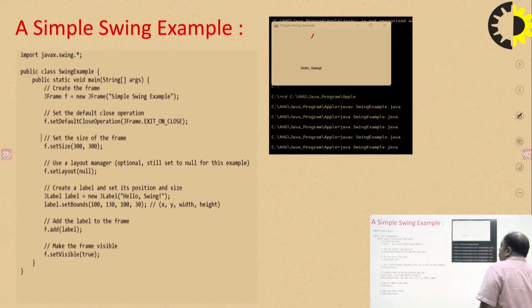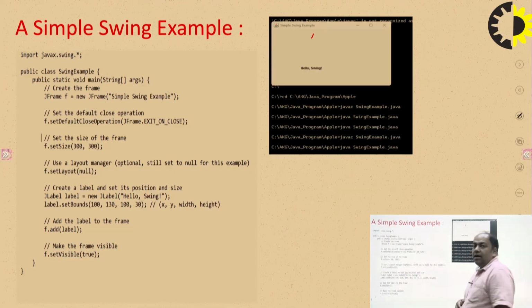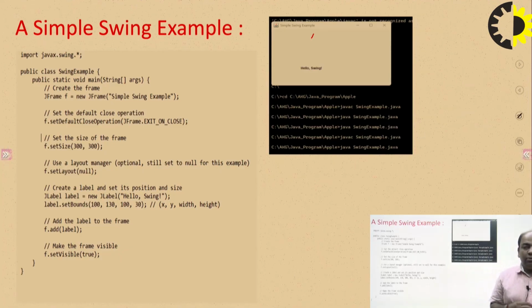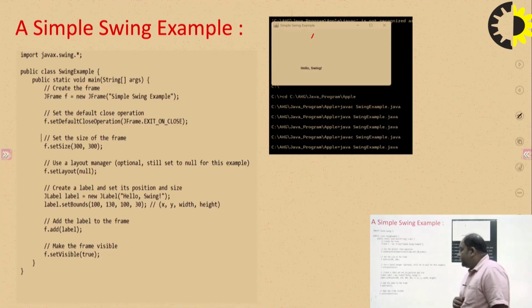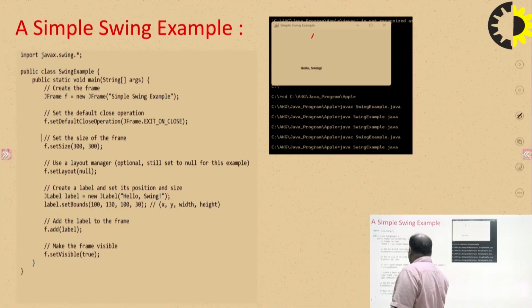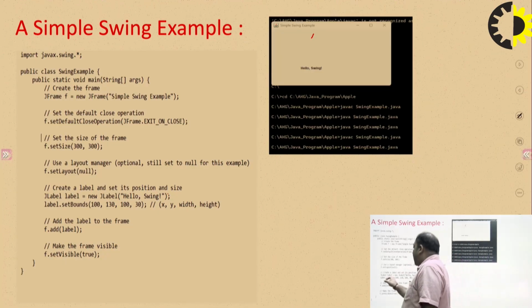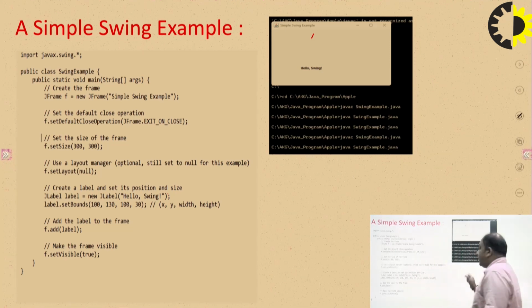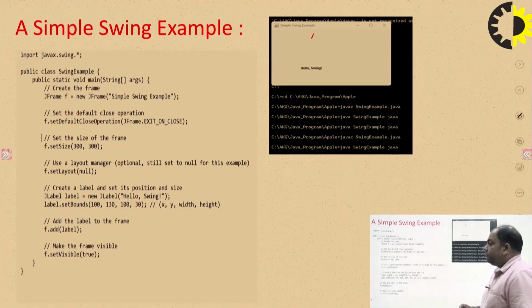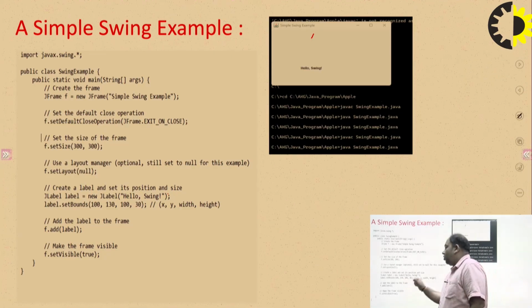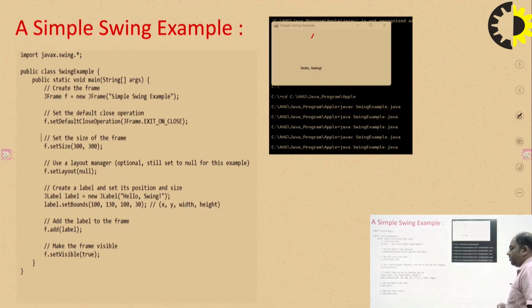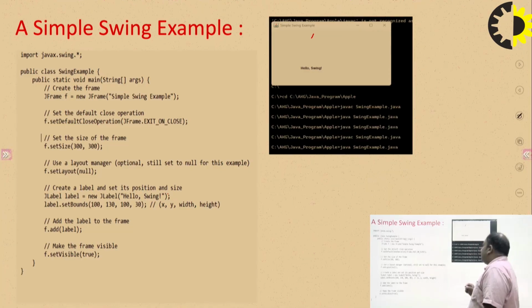On this frame we simply show the text "Hello Swing". Then we set the bounds of that label, which is where this text is shown on the Swing frame. It is shown at 100, 130, 100, 30, which are the values of x and y and the width and height.